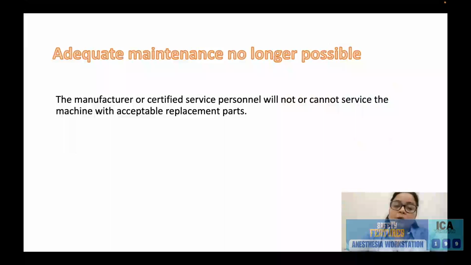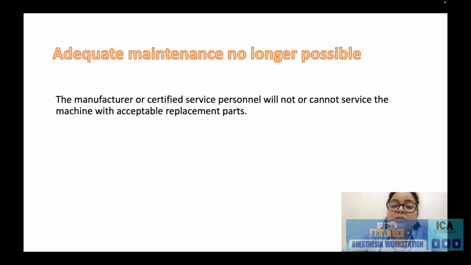Another very important point in the obsolescence criteria is that if we are using a workstation whose adequate maintenance is not possible, either by the manufacturer of the workstation or by certified service personnel, it is a concern. Any replacement part required in a workstation should be of suitable quality and should not be a locally made part.